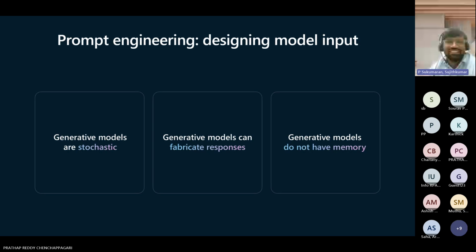So without the right data, it might generate misleading information. And moreover, we know it doesn't have a memory, so we need to give proper context. All these drive us to create the right prompt, and that is called prompt engineering. If you give the right prompt, you will get the right information you are really looking for.